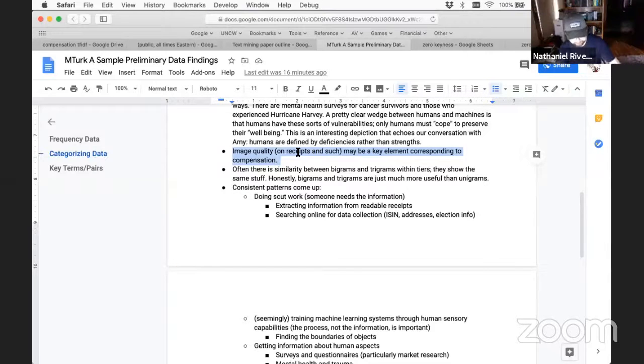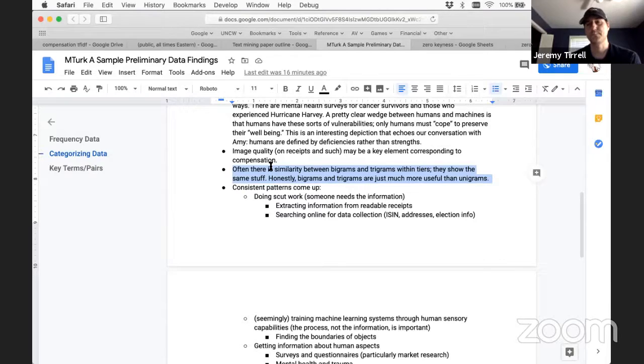Right. What's interesting about that is one of our larger interests in terms of Mechanical Turk and the way it's parsing the human: the more traditional humanist understandings of the human, like talk about your feelings, are just as valuable as, no, I need your eyes to look at these receipts.